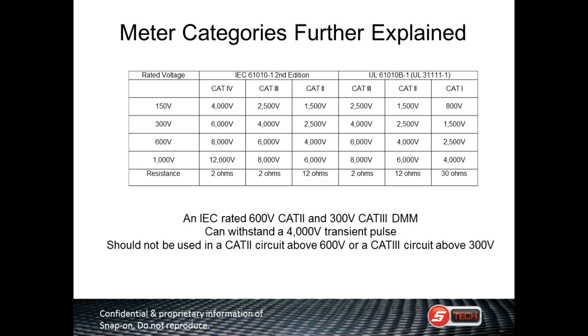This guy right here says it's a Cat 3 meter up to 750 volts, which is not on my list. That would be somewhere between here and here. But a Cat 3 meter would be what? 6,000 volts. And this would be the amount of surge it's guaranteed to handle without doing what? Without blowing up in your hand. So a Cat 3 meter is not equivalent to a Cat 4 meter, right? You understand that? And people get confused with that, right?